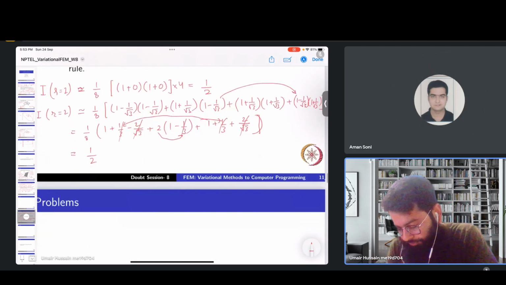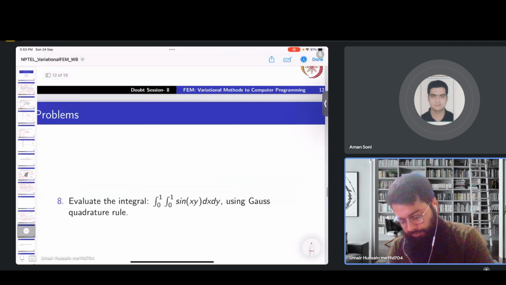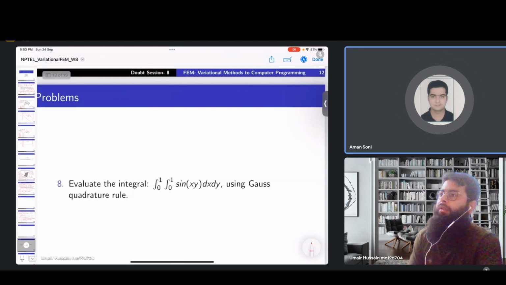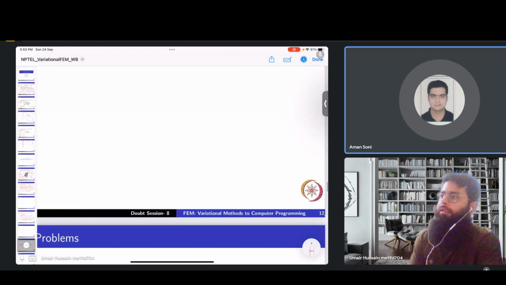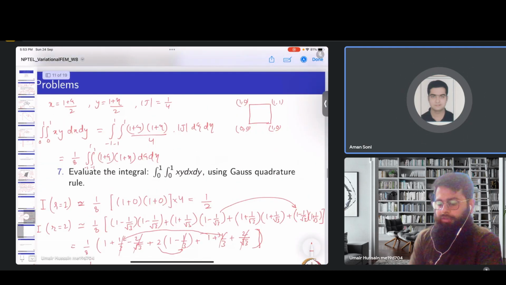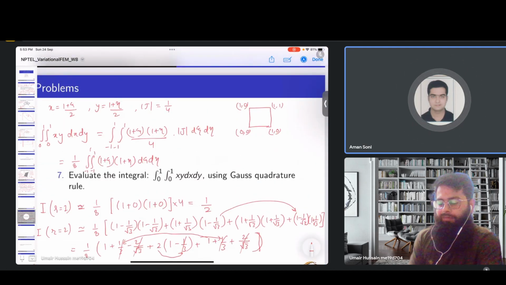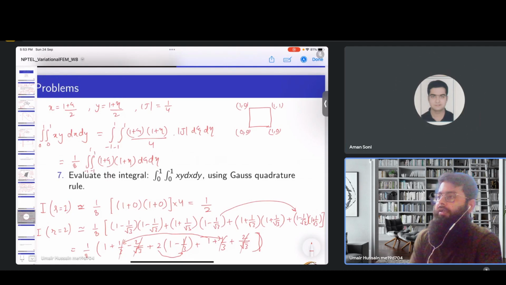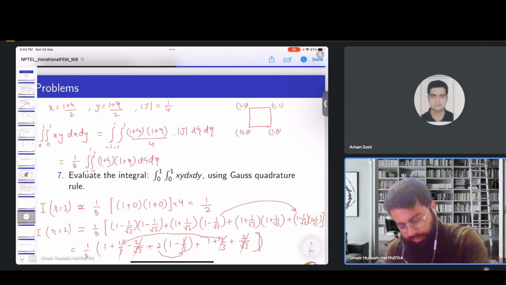How did you recognize this integral of xy dx dy from 0 to 1, 0 to 1? It is just identical to the Jacobian that we have defined for the last problem. So if you look at the limits, x independently varies from 0 to 1 and y varies from 0 to 1.